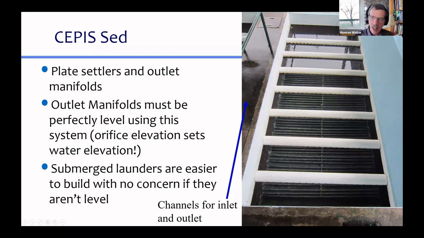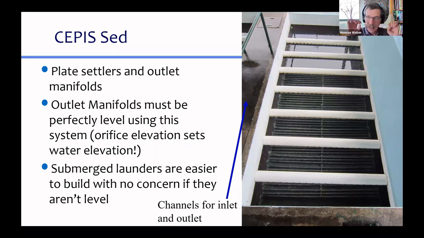There's a subtle thing here. See where the water level is relative to the orifices on these pipes? The water level is right at the orifices, which means that the level of the orifice is actually determining the level of the water in the tank.